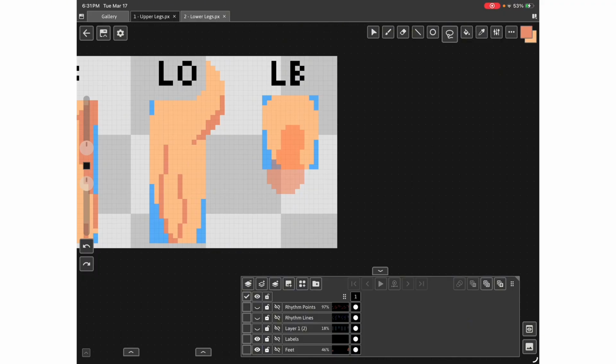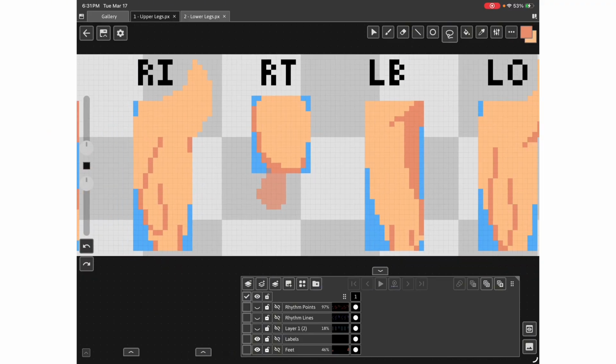So if this person was on the ceiling and the ceiling was made of glass and we're looking up at that person, this right here is their left foot, left leg. So again, it's the same thing as the right leg.